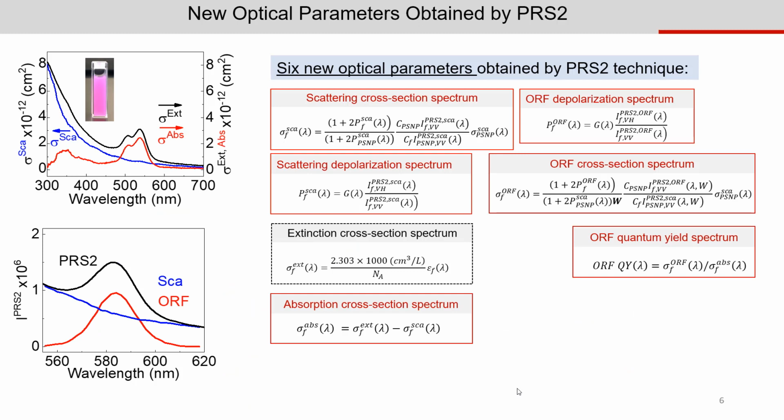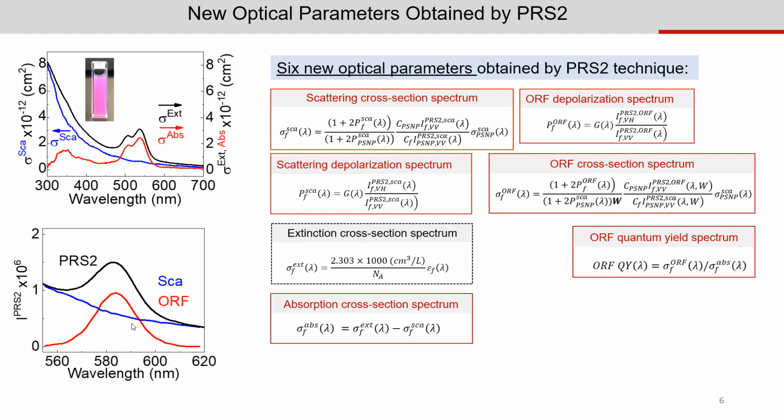In summary, we can obtain 6 new optical parameters with the PRS2. When combined with UV-vis spectrometry, we can decompose the total extinction into absorption and scattering components. Now you can see which part belongs to the absorption of the chromophore and which part is due to the scattering from the nanoparticles.